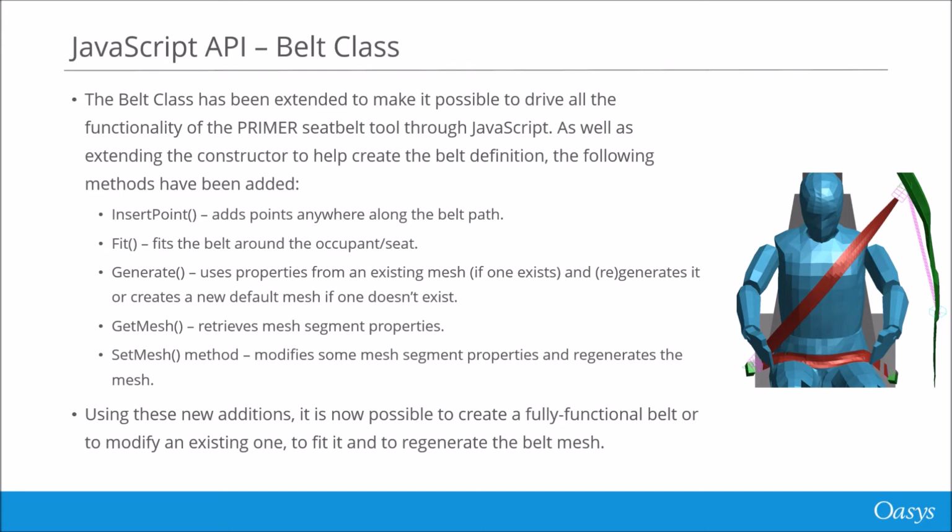And SetMesh modifies some mesh segment properties and regenerates the mesh. So using these new additions, it's now possible to create a fully functional belt or modify an existing belt in your model to fit it and to regenerate the belt mesh.